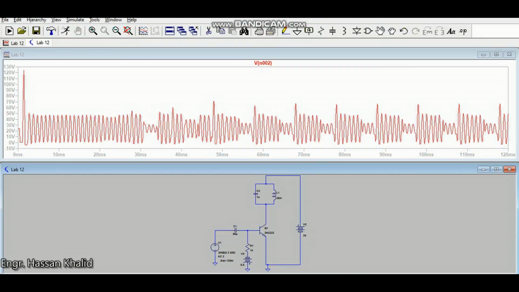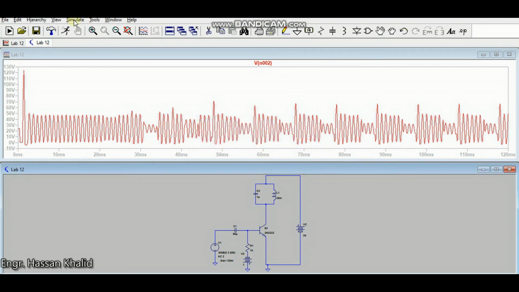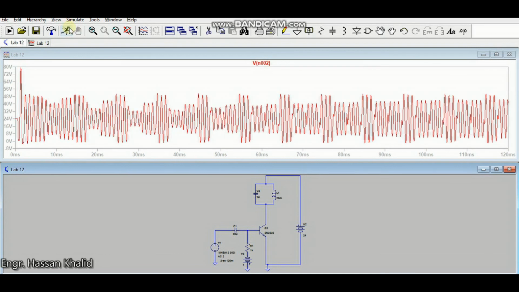Now if I increase my voltage once again to approximately 1, let's see what happens. Although there are oscillations, you might be observing that the frequency of oscillations has actually increased.